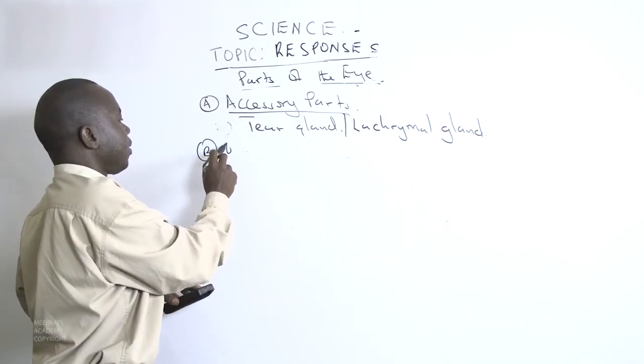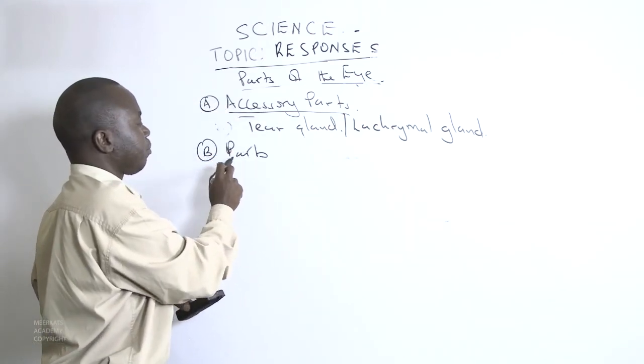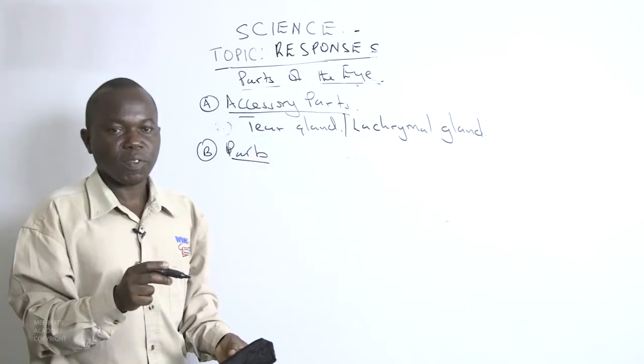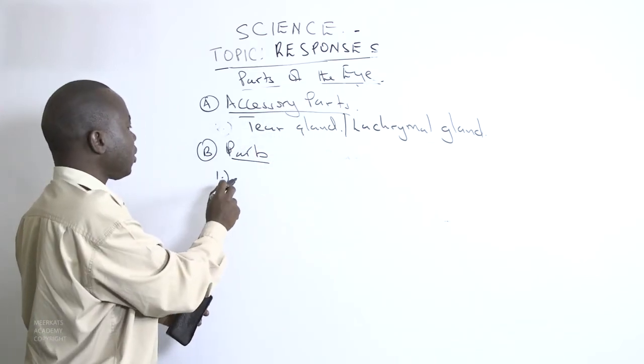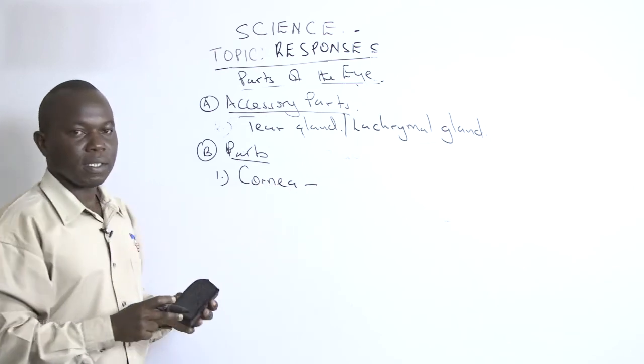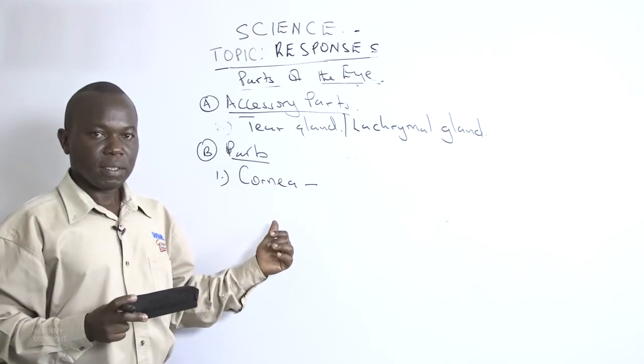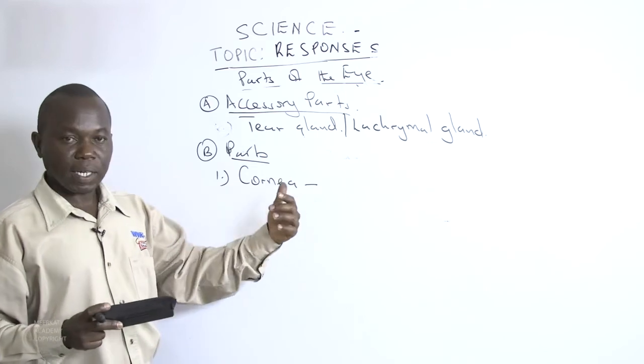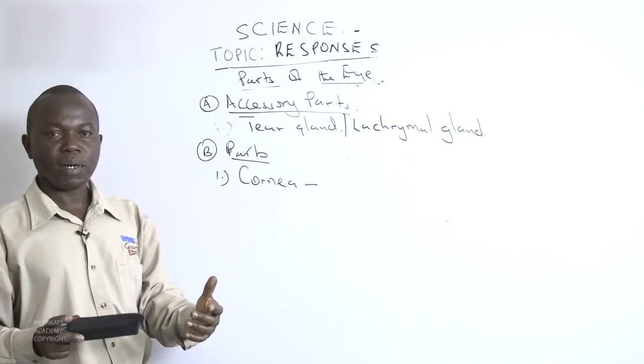Then part B, the real parts of the eye. We have mentioned parts like the cornea. On that diagram, as I was drawing, I said something about the cornea.